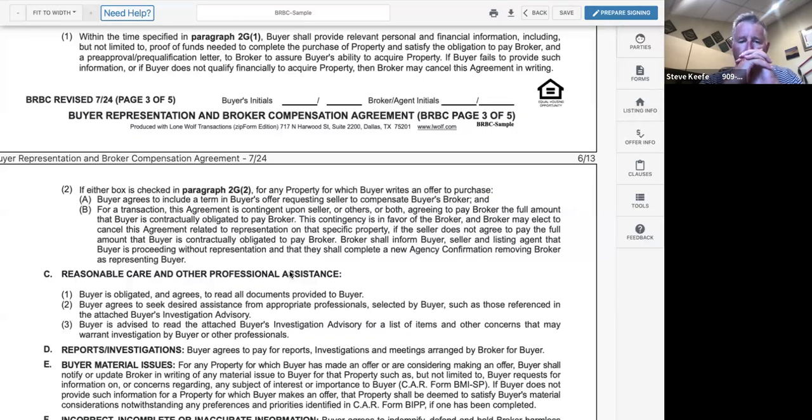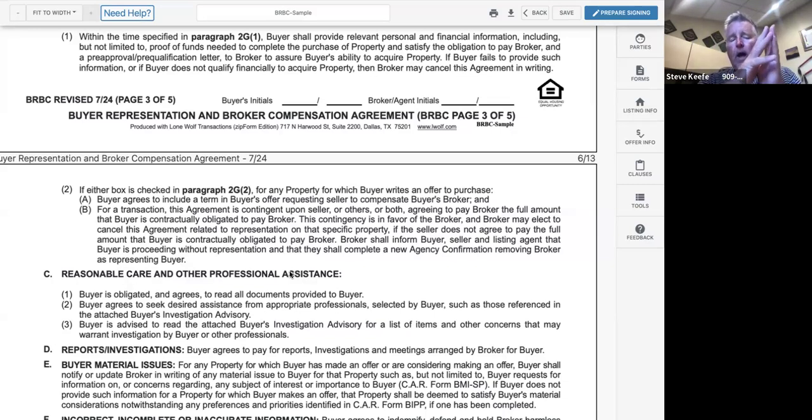And if, for example, they don't do it, it does give the buyer's agent an opportunity to say, look, I can't help you with this transaction. It releases you of the responsibility and the fiduciary duty.